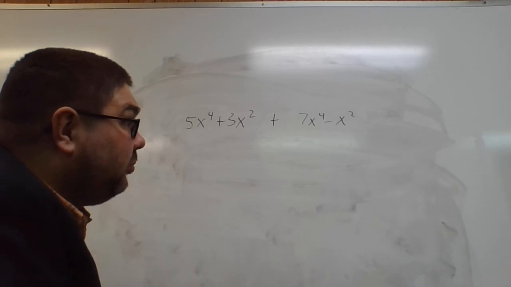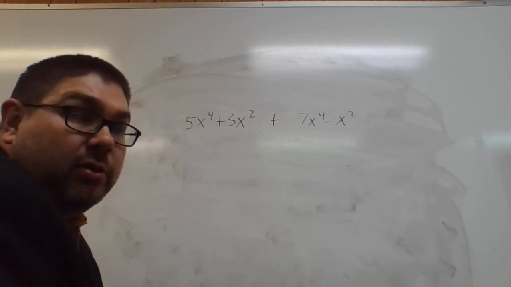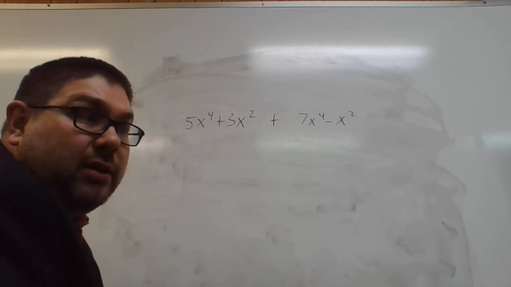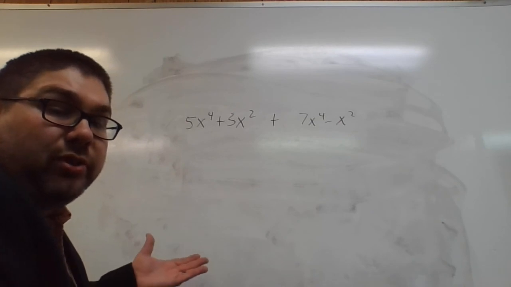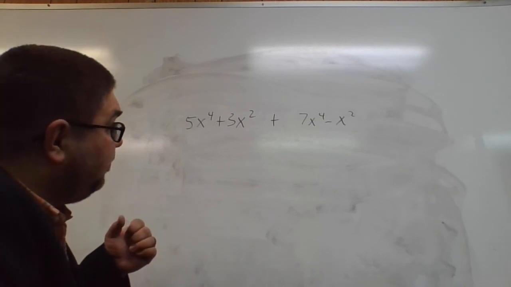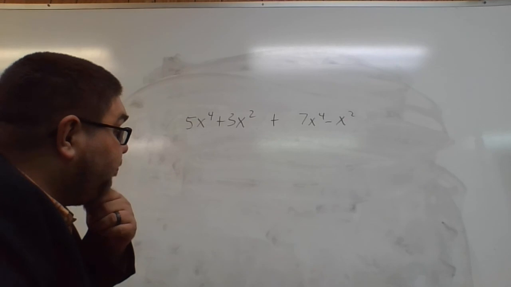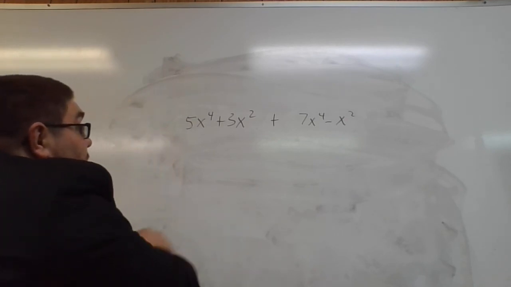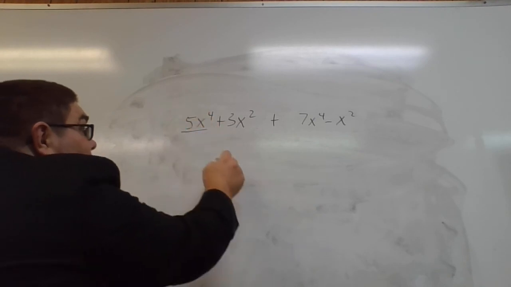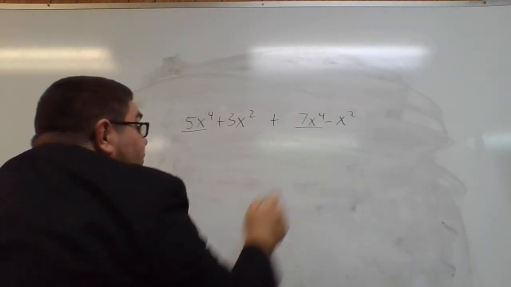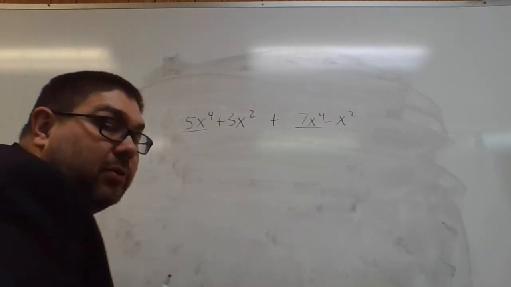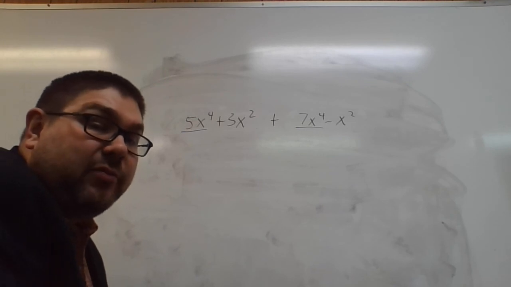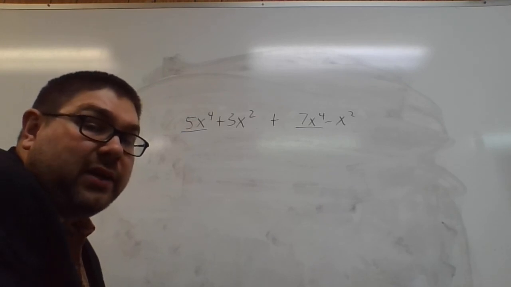And the reason is we don't need them. They don't really have any use when we're adding. So now I'm just going to find like terms. So remember, a like term has the same variable with the same exponent.